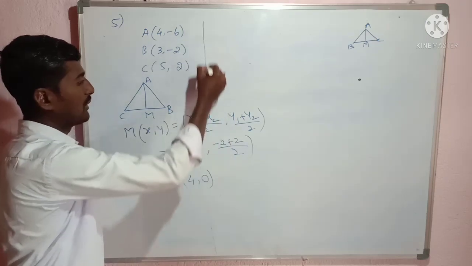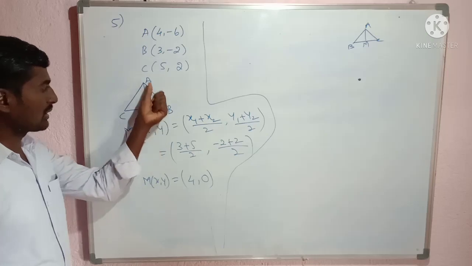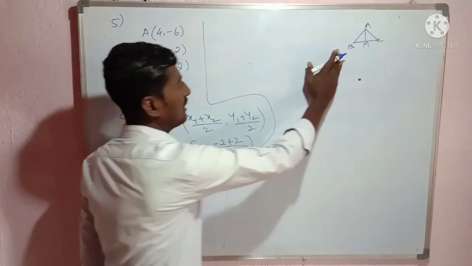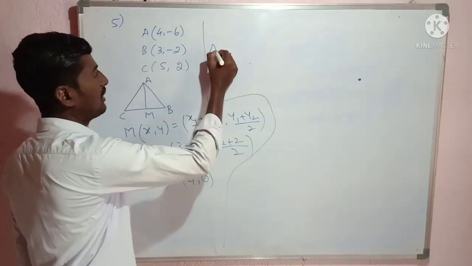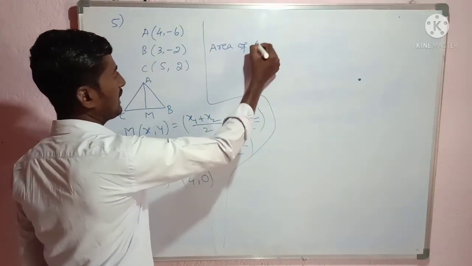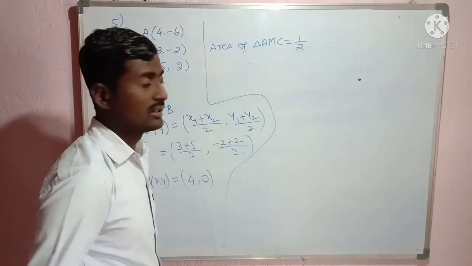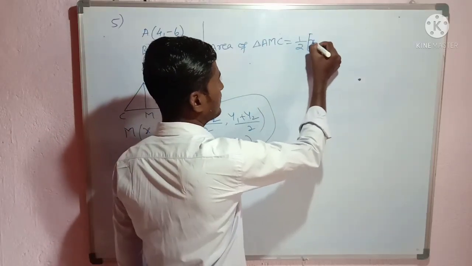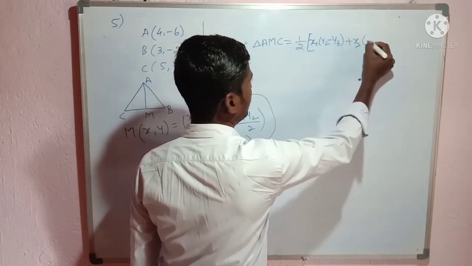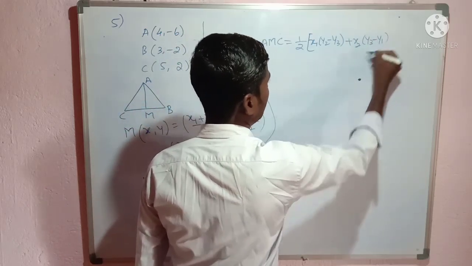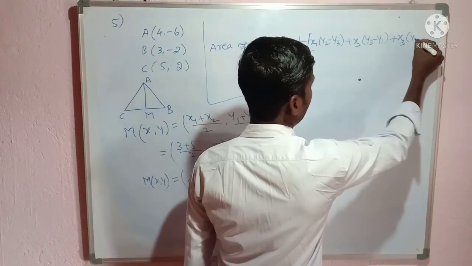Now what do we have to verify? We have to verify that the area of triangle AMC must be equal to the area of triangle AMB. Let us find the area of triangle AMC. Let us write the formula first: 1 by 2 into [x1 into (y2 minus y3) plus x2 into (y3 minus y1) plus x3 into (y1 minus y2)].